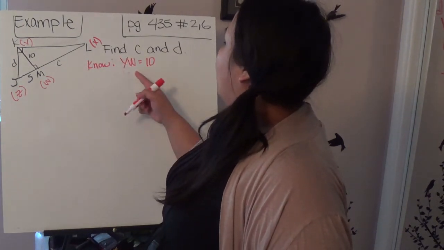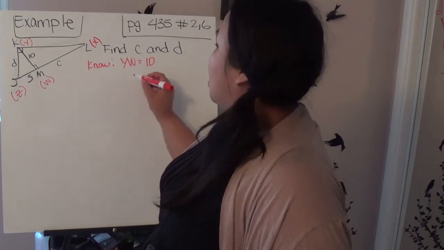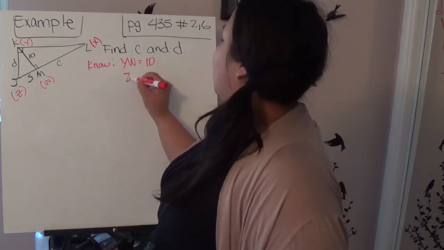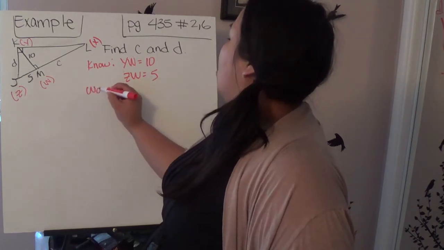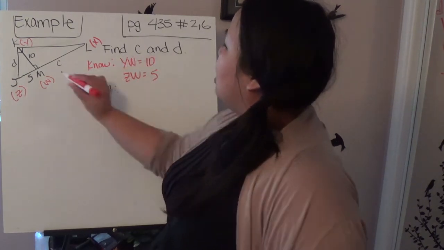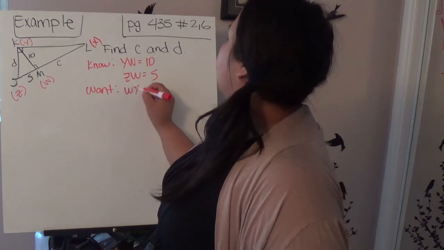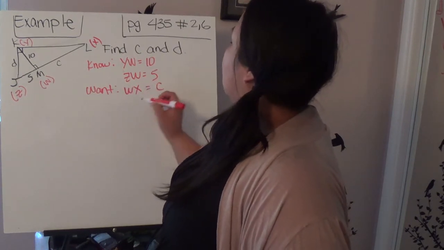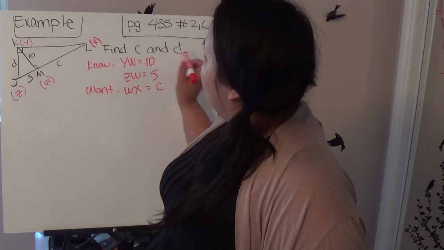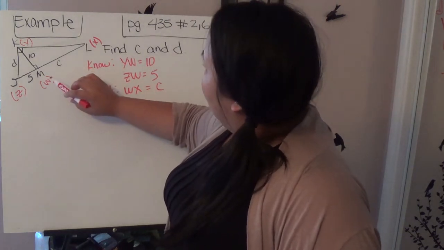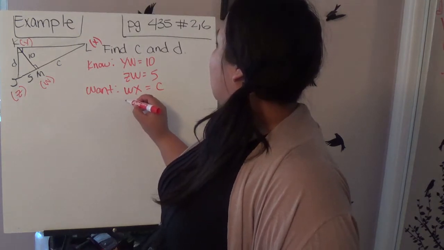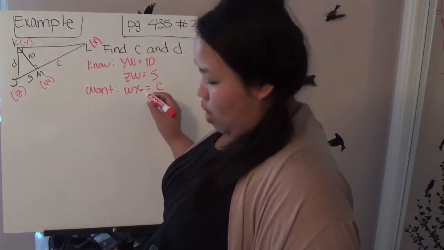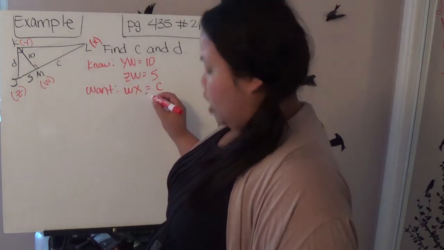And then it tells us that JM, which is ZW, equals 5. What I want to know is C, which is WX, and then D, which is KJ, or ZY.